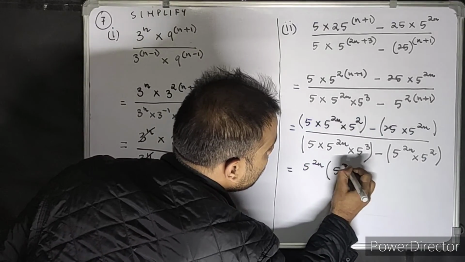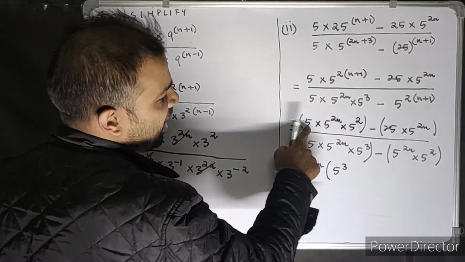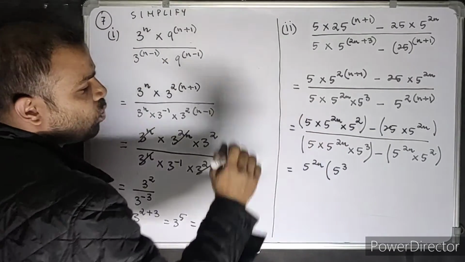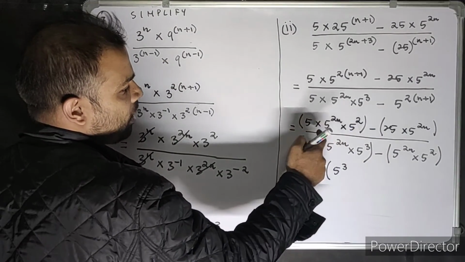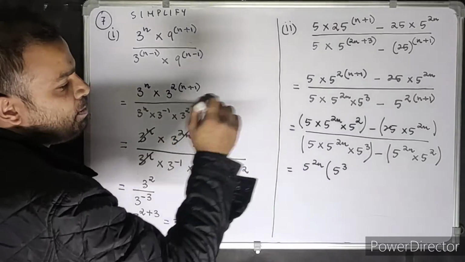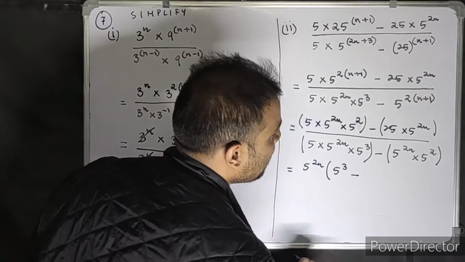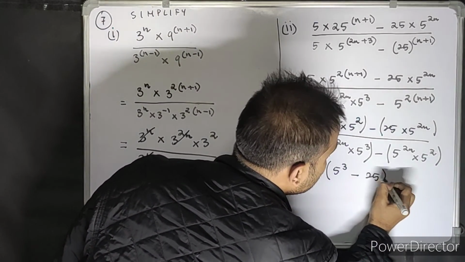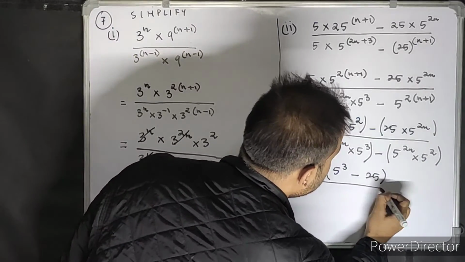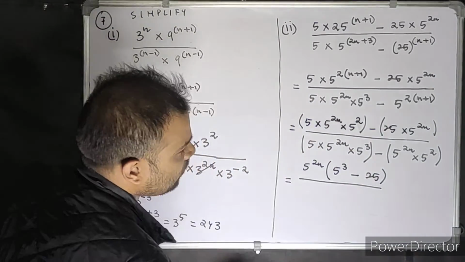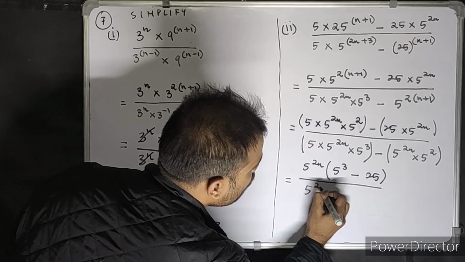You are left with 5 to the power 3. Why? This is 5 and 5 to the power 2, so 2 plus 1 is 3. When the same base is multiplied, powers are added. You already know this. This is 25, whole thing divided by. From here 5 to the power 2n is gone.